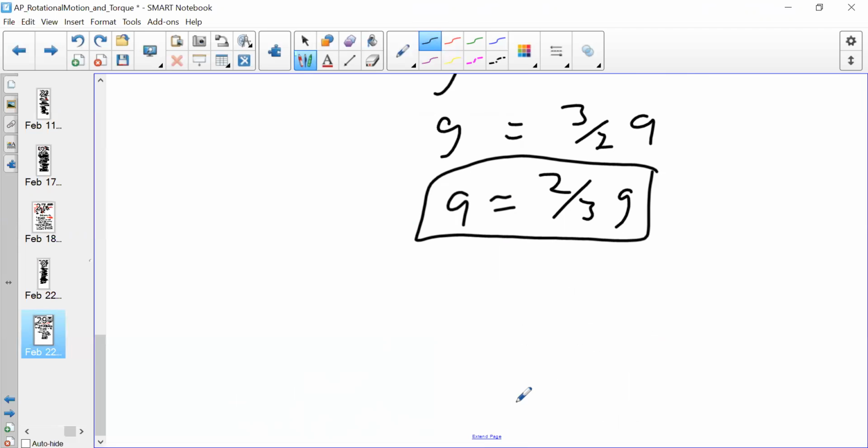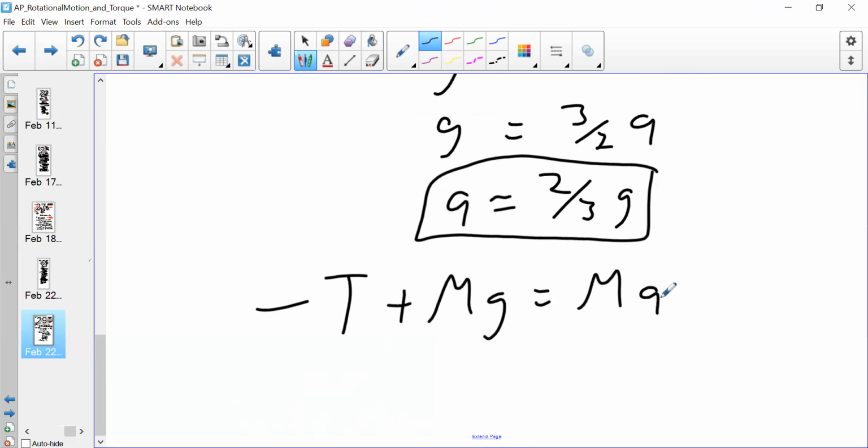So let's go back to our original equation, negative T in a. So we know that a is 2/3. And so this tension is going to be mg minus ma. Just swap the guys around.